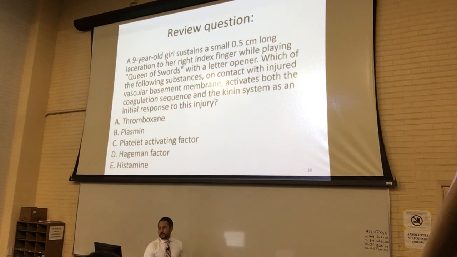So it's asking which substance activates the coagulation and kinin system. Which one is it? You guys still don't remember? It's factor 12. D, Hageman factor.